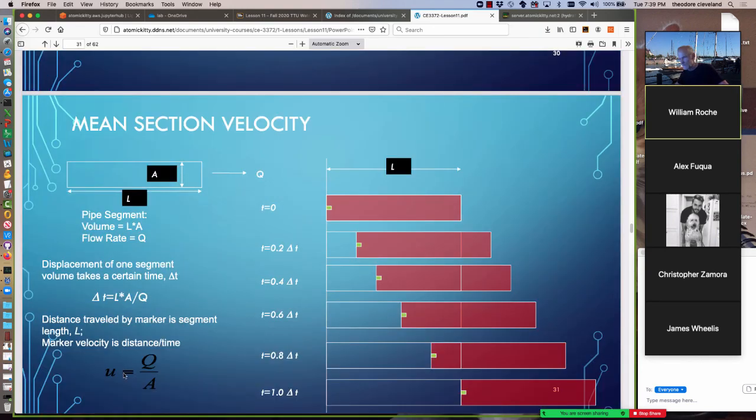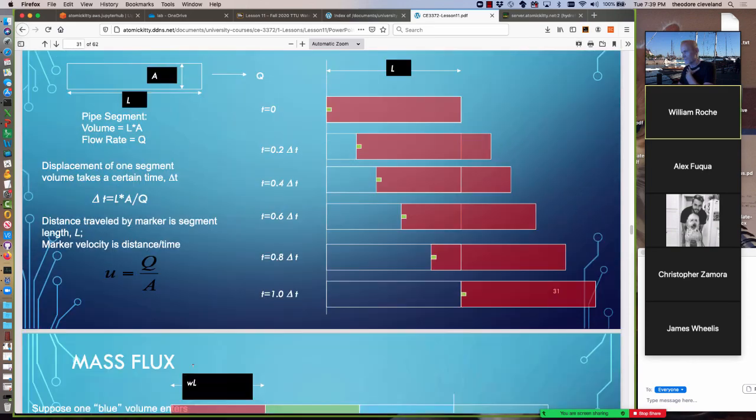And the velocity that we compute will be the velocity of this green marker in this diagram, where the total time step here, delta t, happens to be the hydraulic residence time of this pipe segment. And so that marker appears to move at a speed that's equal to the discharge rate divided by the pipe cross-sectional area, and that speed is called the mean section velocity.